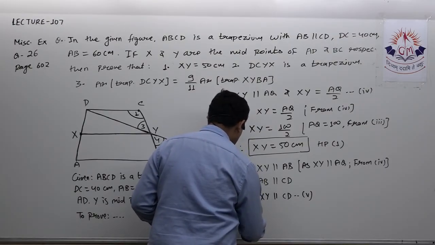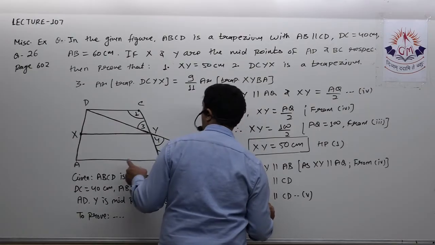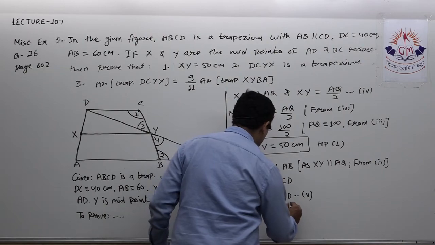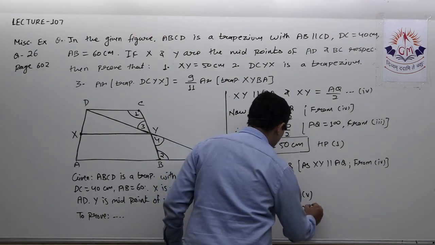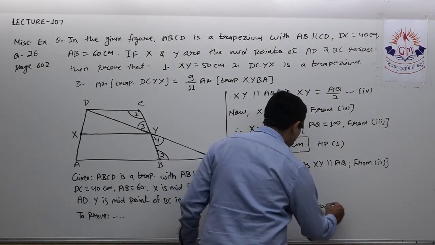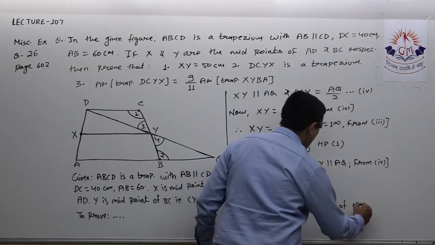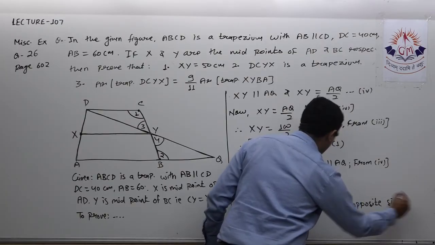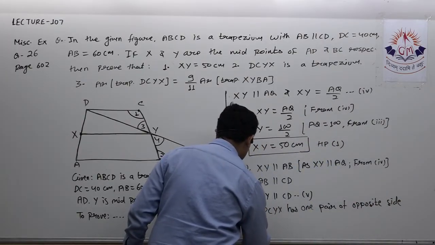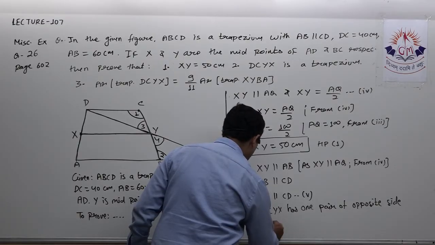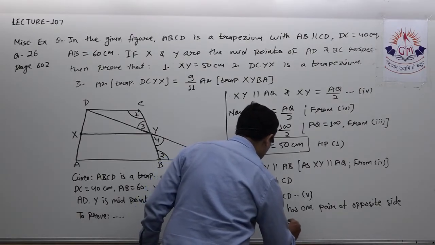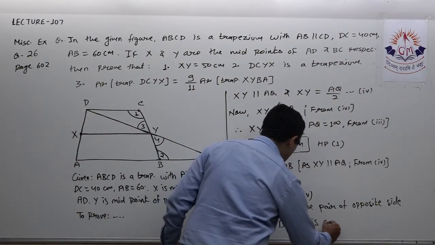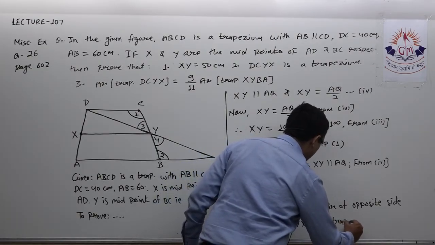Thus, quadrilateral DCYX has one pair of opposite sides parallel, therefore quadrilateral DCYX is a trapezium.